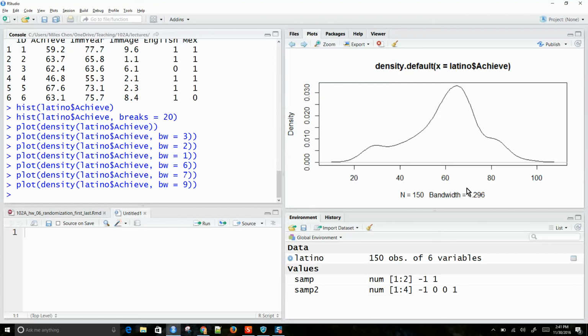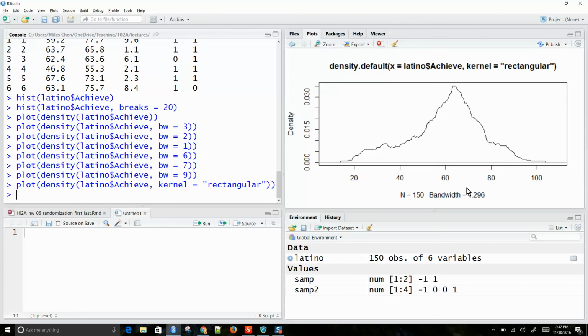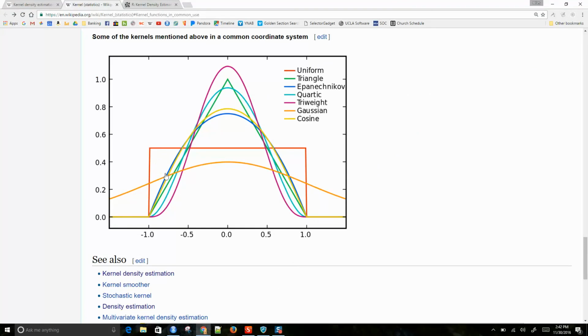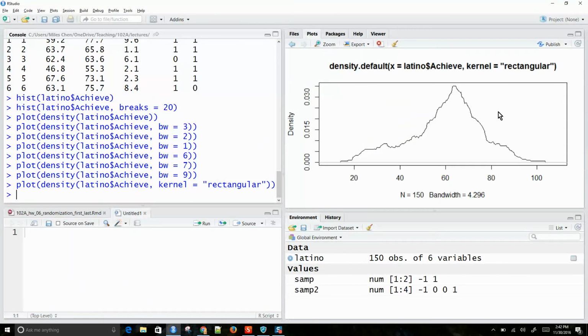We can also show what happens if we change our kernel from the standard Gaussian to rectangular. Because the rectangular kernel has sharp edges, the resulting density estimation will also have these sharp little edges, because when two things add up or don't add up, you get very sharp edges as well.